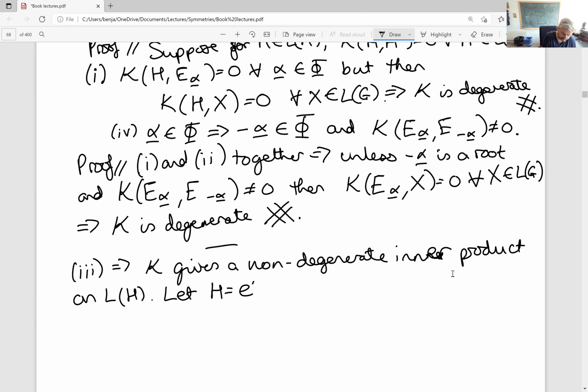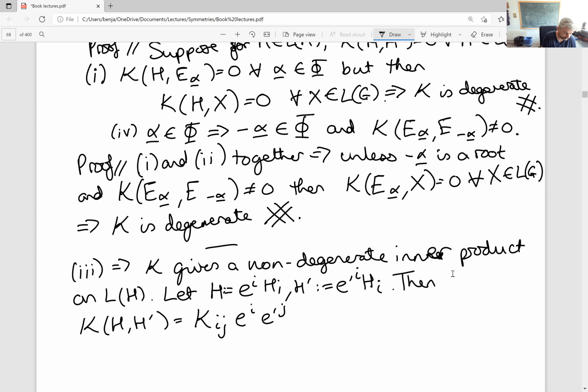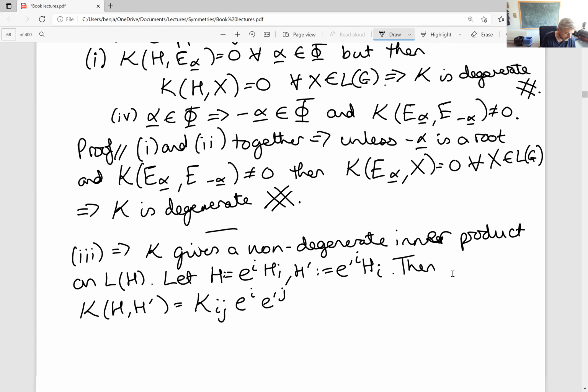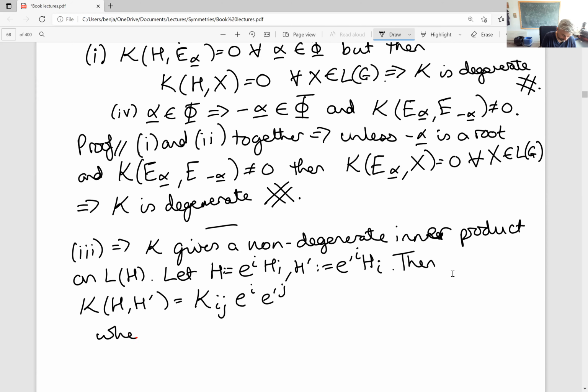H is E I H I, and H prime is E prime I H I. Then the killing form of H and H prime is kappa IJ, E I, E prime J. If we make a matrix out of this kappa IJ, it is invertible because it's non-degenerate, and it's R by R.